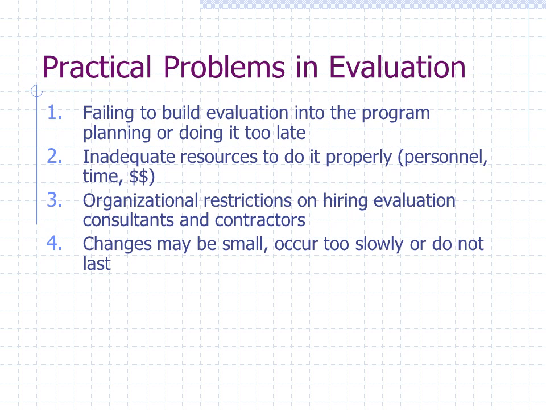Some of the other problems with evaluation are that the changes that you're looking for may occur too slowly, they may be too small, or they may not last. And so, if we're looking at obesity, for example, obesity for the last 20 years has been on a steady rise.